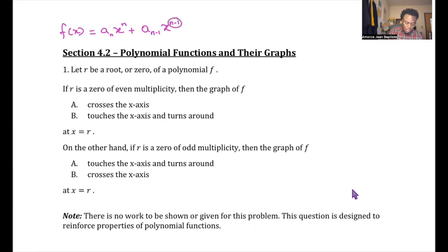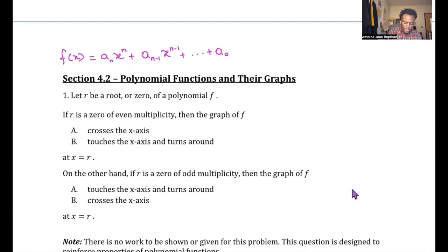N minus 1 will be the next power after the highest one. And then so on, we can continue having terms until we have the last term, a sub 0, which would be the constant.